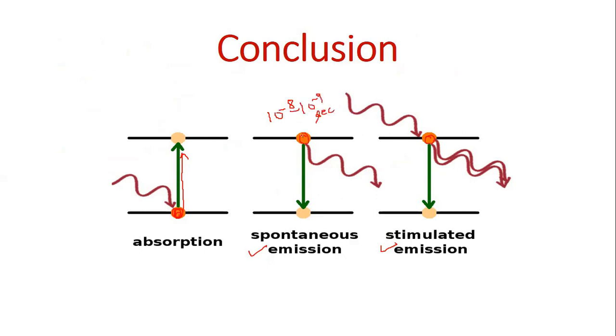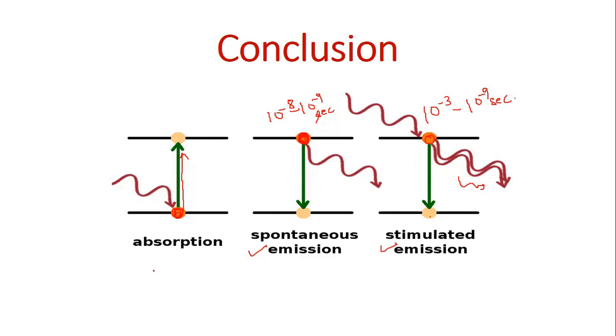So if the atom has this much time in the excited state, it will come back to the ground state by itself. Okay, but if the lifetime is in the range of 10 raised to the power minus 3 to 10 raised to the power minus 9 seconds, so it will come back to the ground state, okay, with the emission of 1 more photon, which is having same energy as the incoming photon.